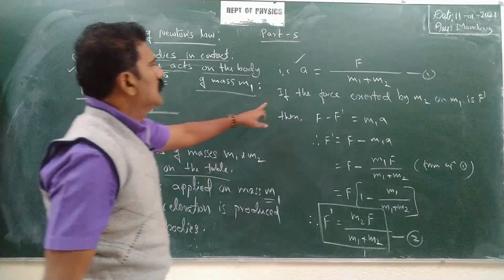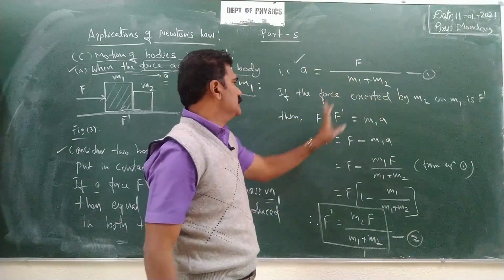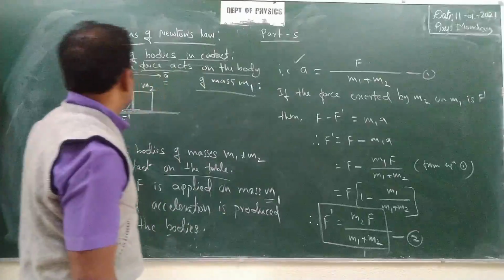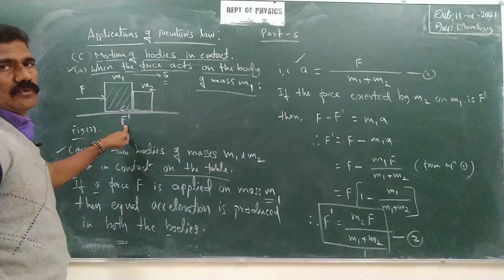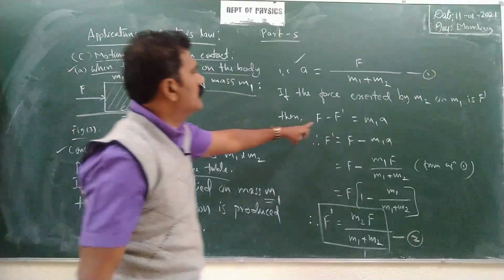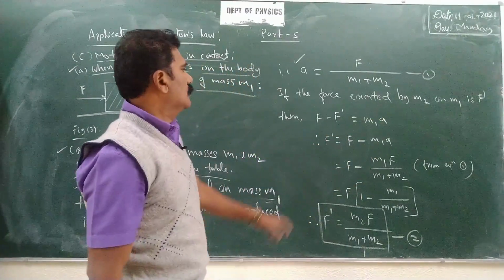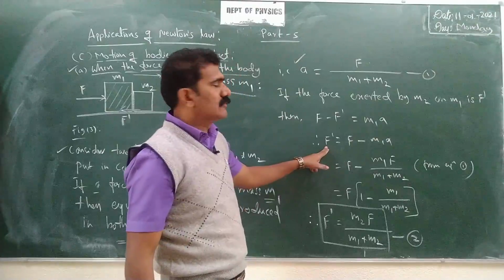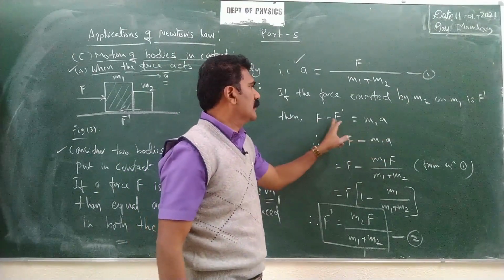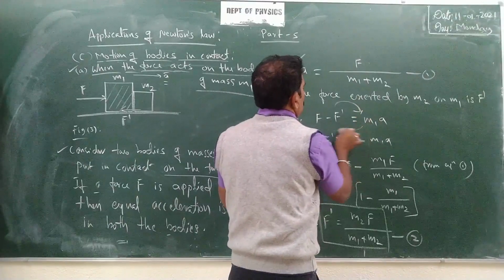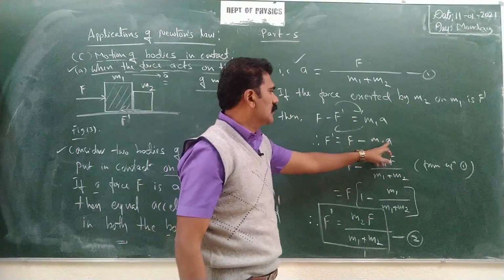So if the force exerted by M2 on M1 is F dash, then the applied force should be subtracted by the opposing force F dash. So F minus F dash is equal to M1A. Now simplify for F dash, that opposing force. So F dash is equal to F minus M1A, just by rearranging the equation.